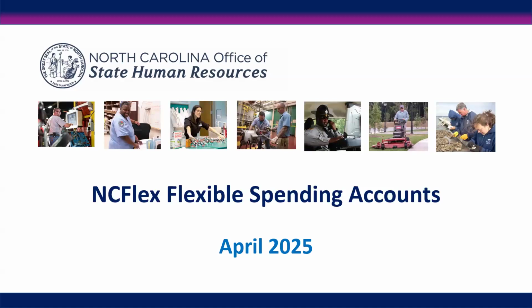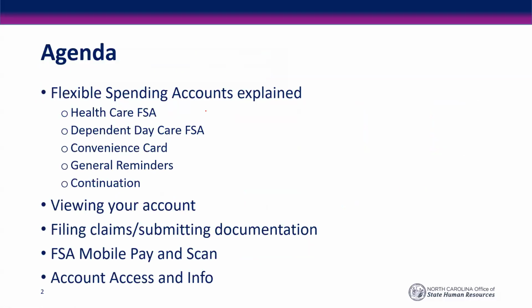And today we're going to talk about flexible spending accounts. So I'm going to go ahead and get started. The agenda for today is to talk about what the flexible spending accounts are. Some of you on here today may already participate in these and just want more information. Some of you may be curious about them, thinking about participating in the future.